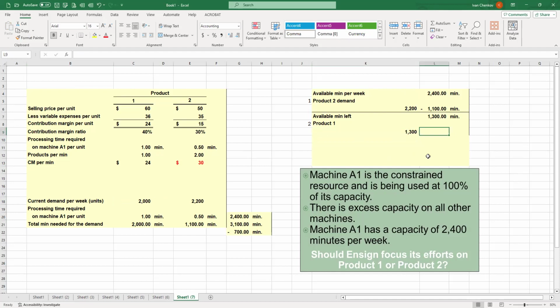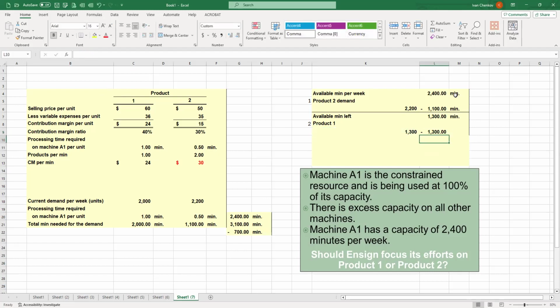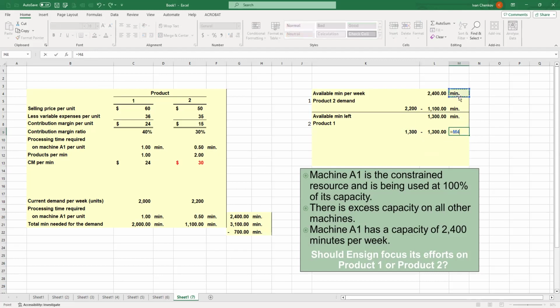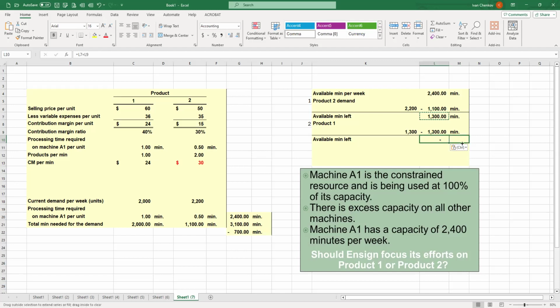So if I produce 1,300, I'm gonna use all my available minutes, and my available minutes will be 0 because I use everything. Make sense?